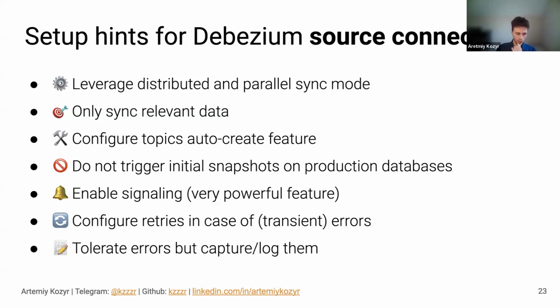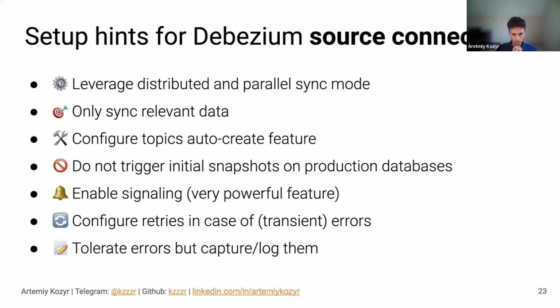Then I would suggest you limit data synced to relevant data. It could be a database, it could be a collection or a table, or you can even provide column names which you want to sync.